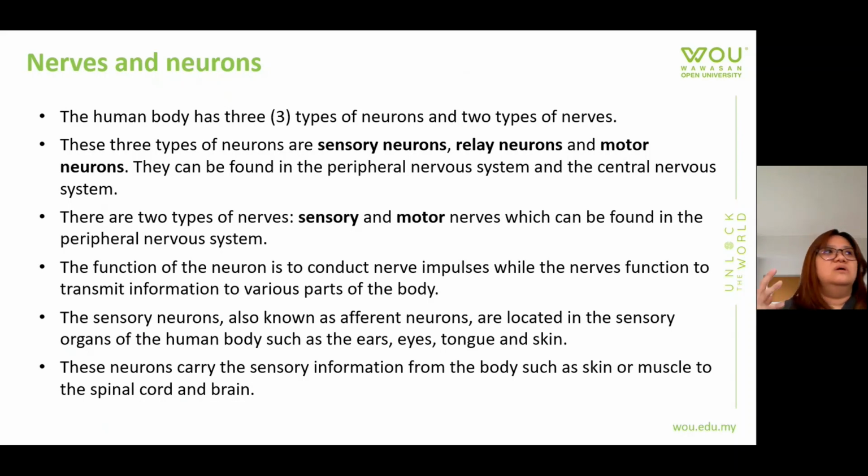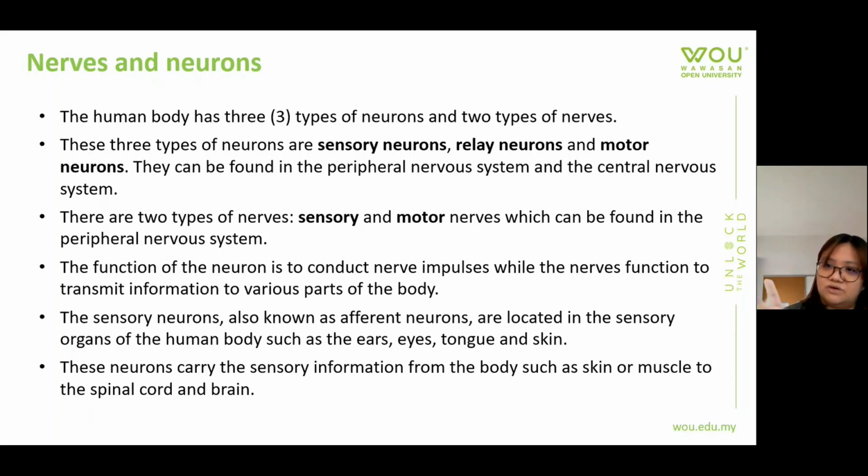For humans, we have three types of neurons and two types of nerves. They are very essential for our bodily functions, to enable us to carry on our life, and also for our survival needs.